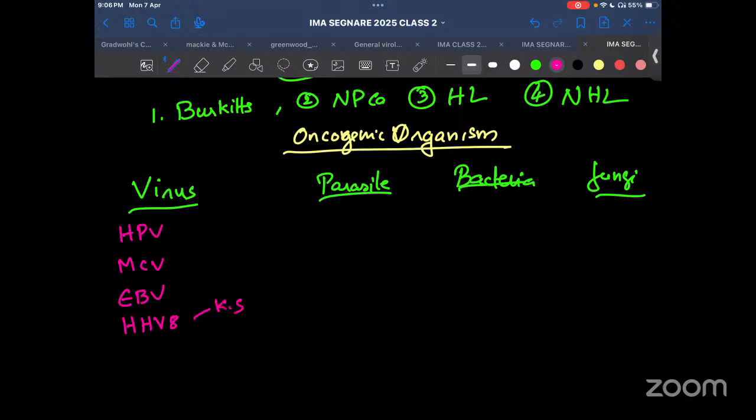It also causes primary effusion lymphoma and Castleman disease. Then we have hepatitis B virus, hepatitis C virus, and hepatitis D virus, which combines with hepatitis B virus. All of them cause hepatocellular carcinoma.